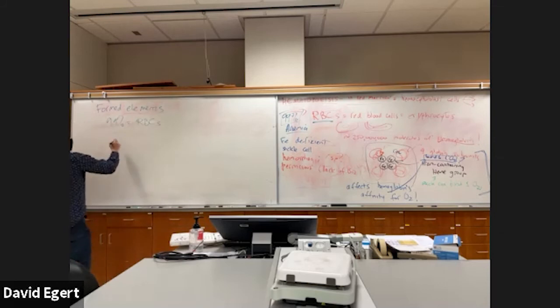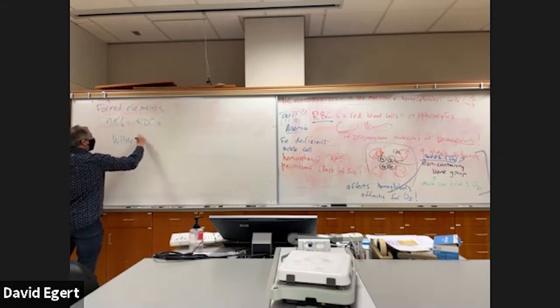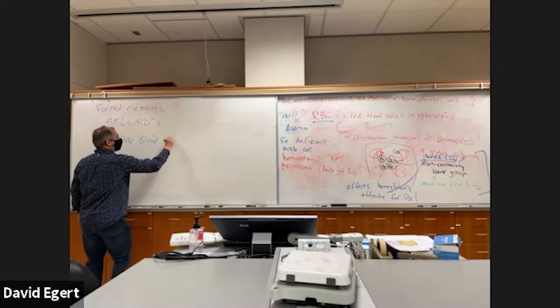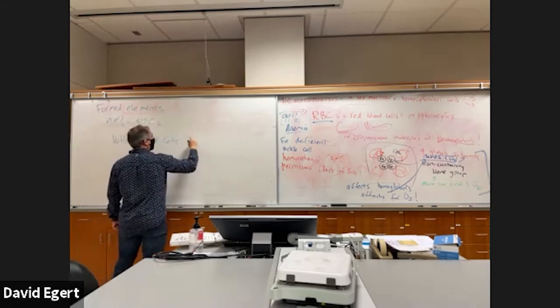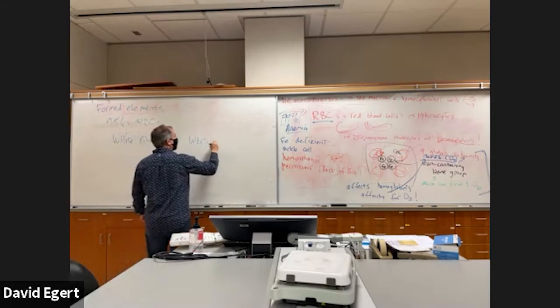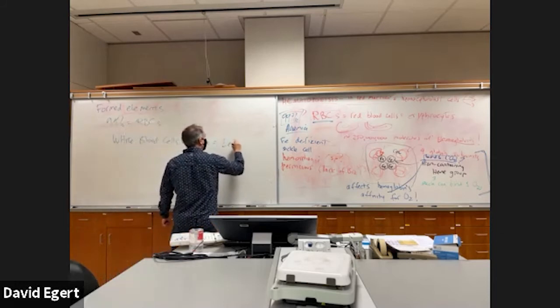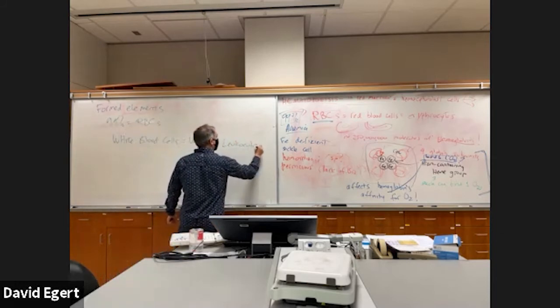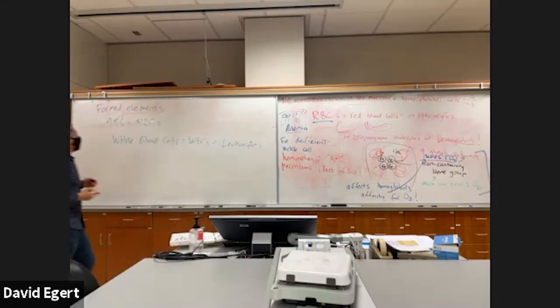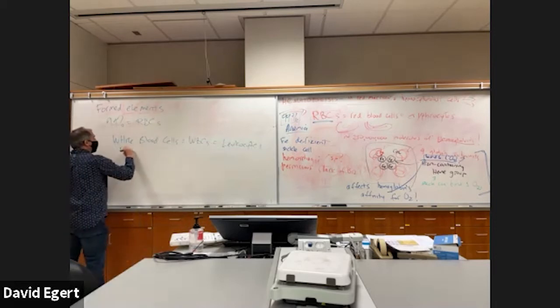Then there are the white blood cells, WBCs, leukocytes. These are fundamentally different. These are part of your immune response.